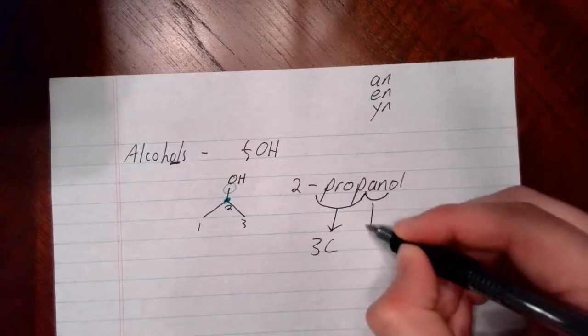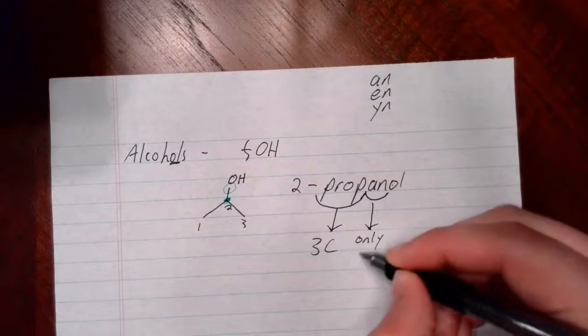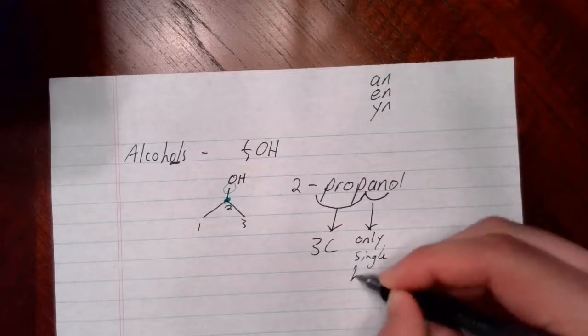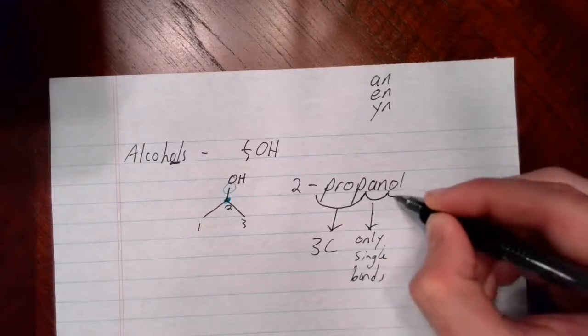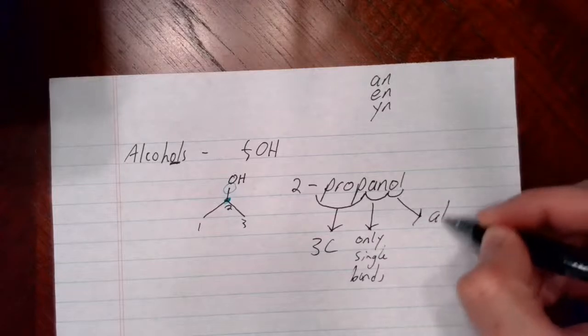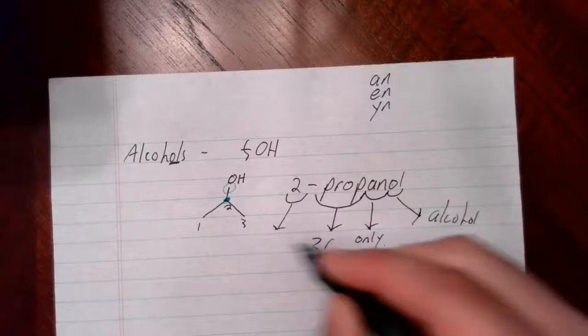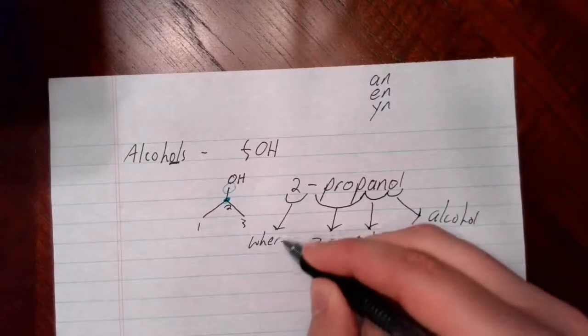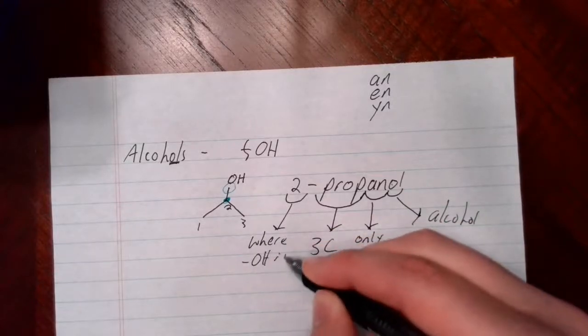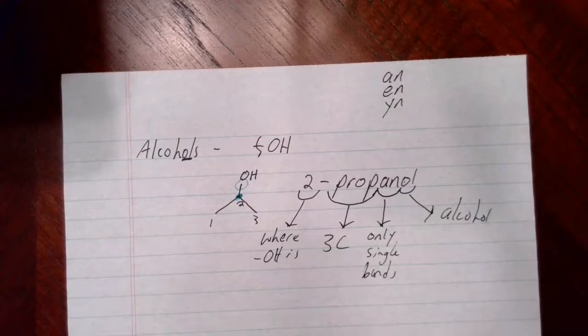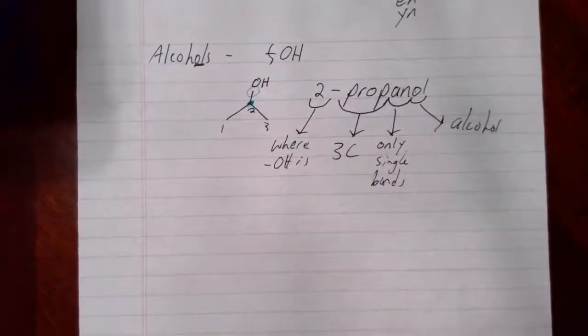The AN tells me only single bonds. The OL tells me it's an alcohol. And the number 2 tells me where the OH is. Okay. So every part of that name tells me something slightly different about that molecule.